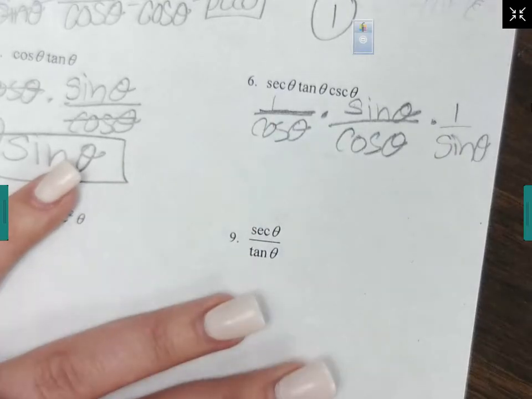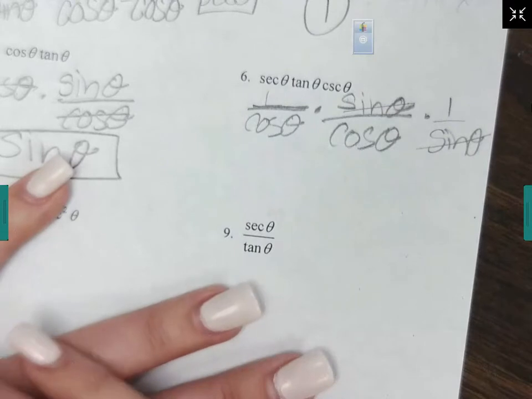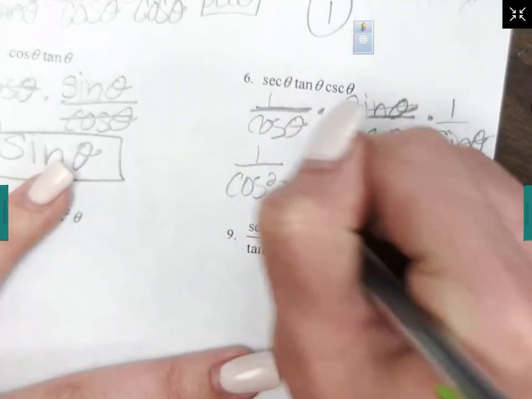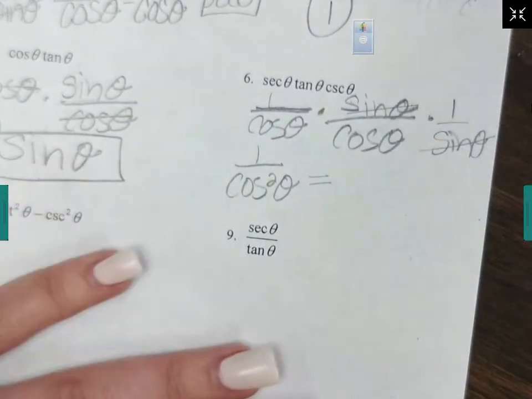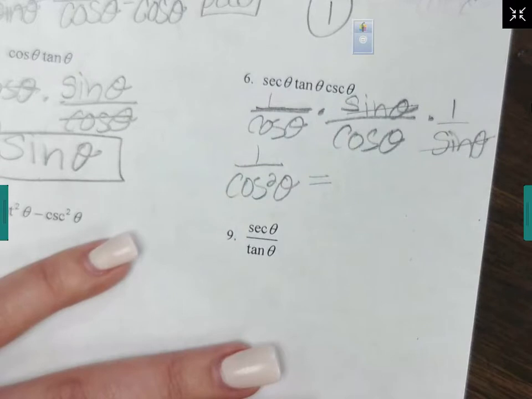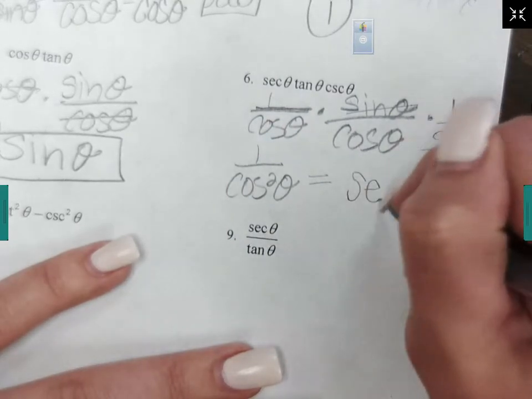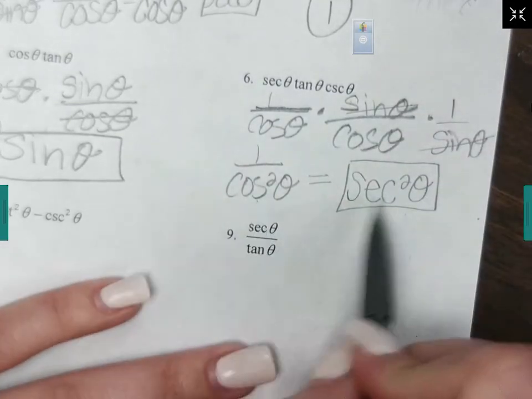So we can cancel out sines of theta, but not the cosine. So this gives us 1 over the cosine squared of theta. What is 1 over cosine equal to? Secant. So this would be secant squared of theta, because there are 2 cosines, so there are 2 secants.